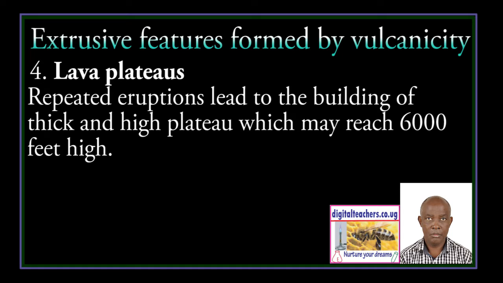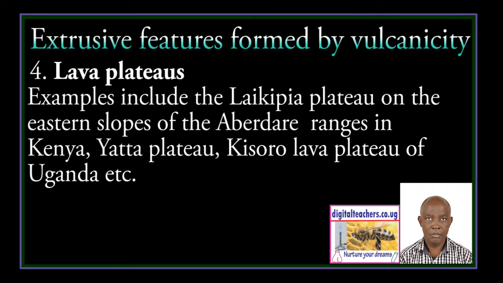Repeated eruptions lead to the building of a thick and high plateau which may reach 6,000 feet high. Examples include Laikipia Plateau on the eastern slopes of Aberdare Ranges in Kenya, Yatta Plateau, Kisoro Lava Plateau of Uganda, and so on.